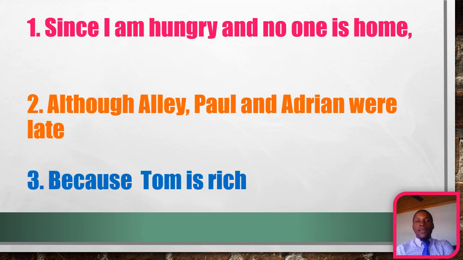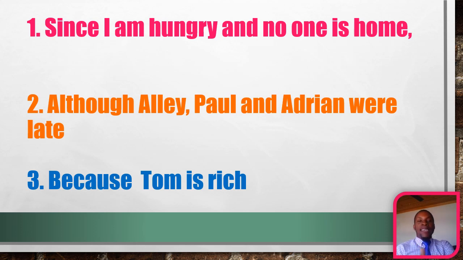The first reads, since I am hungry and no one is home, we're left asking ourselves, what happens since you are hungry and no one is home? Hence, a fragment. We also can see here which word is our subordinating conjunction. See if you remember. Correct. The word is since.